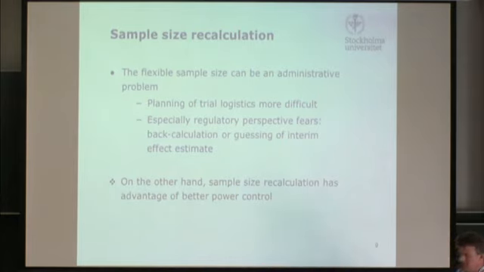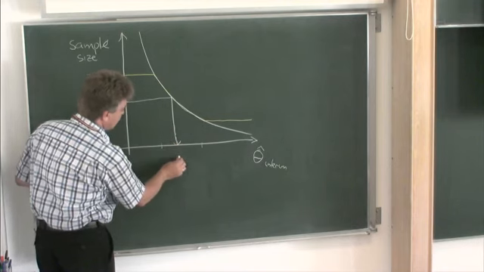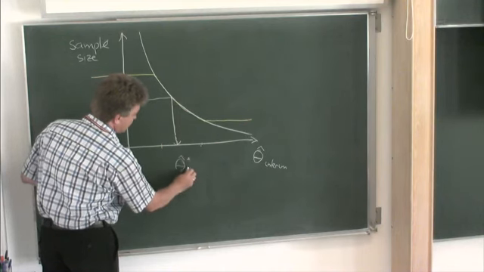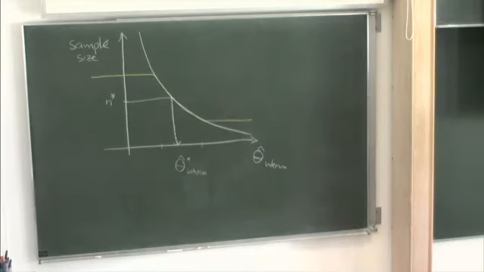But if they have to communicate the final sample size for the study, and if it is known that you have such a sample size rule, and the sample size here n star is communicated, then people can back calculate that the interim estimate was of a certain amount, and so it's no longer confidential interim information.